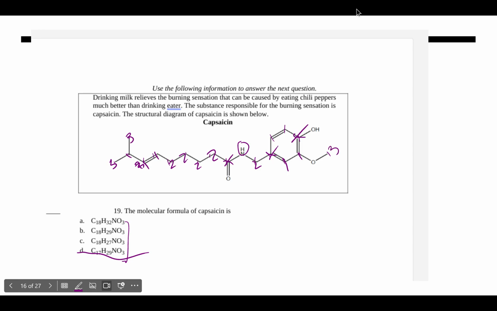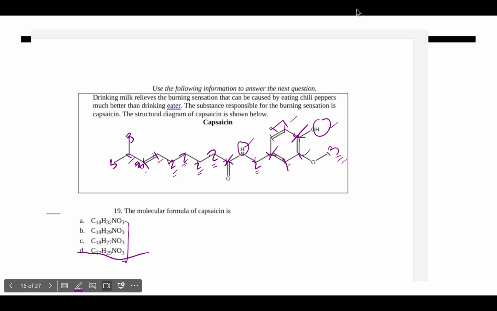You'd have 3 here, there's 1 here, 1 here, and 1 here. So once we've counted how many we have, let's see what our total is. 3, 4, 5, 6, 7, 8, 9, 10, 11, 12, 13, 14, 15, 16, 17, 18, 19, 20, 21, 22, 23, 24, 25, 26, 27, 28.